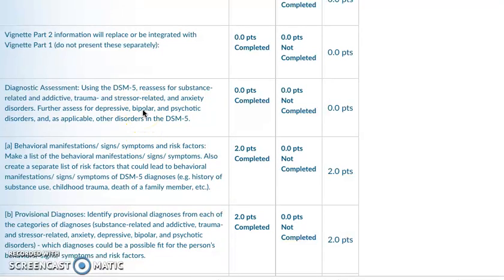You're going to cut out part 1's assessment, and you're going to do your assessment including different provisional diagnoses if applicable.